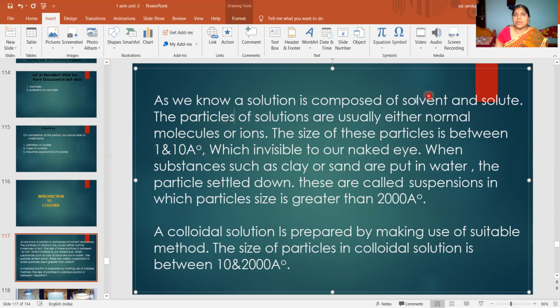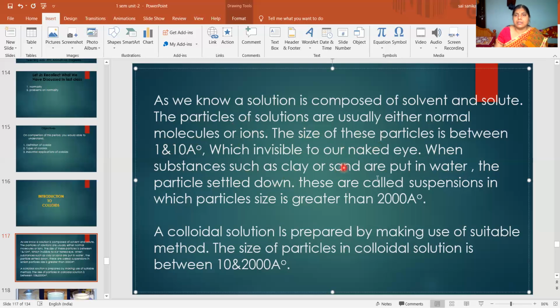So a solution is composed of solvent and solute, the particles are either normal molecules or ions, and the size of the particles is between 1 and 10 angstrom units, which is invisible to our naked eye. Then, when substances such as clay or sand are put in water, the particles settle down.